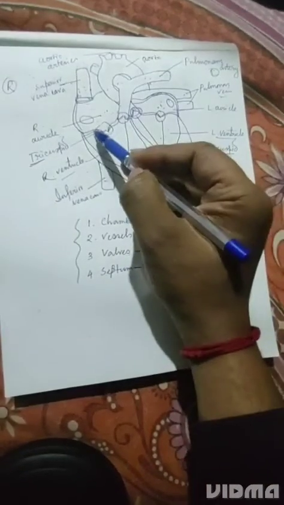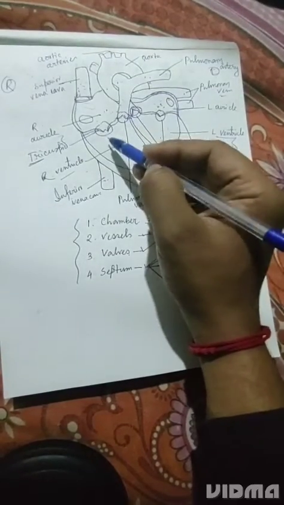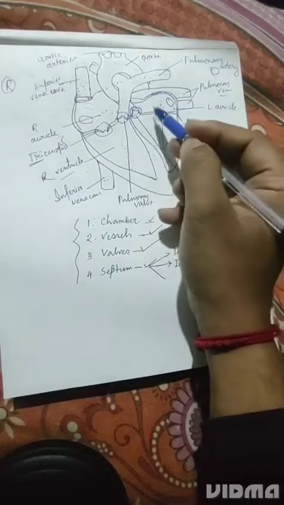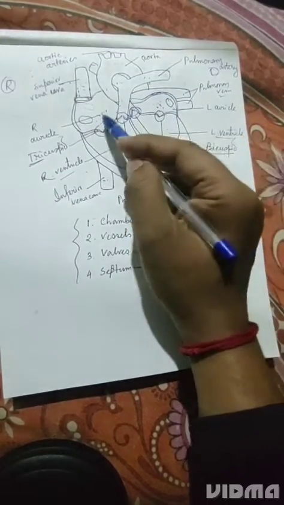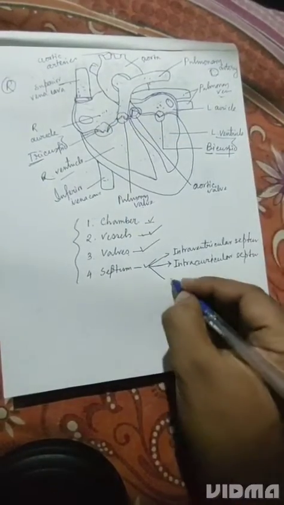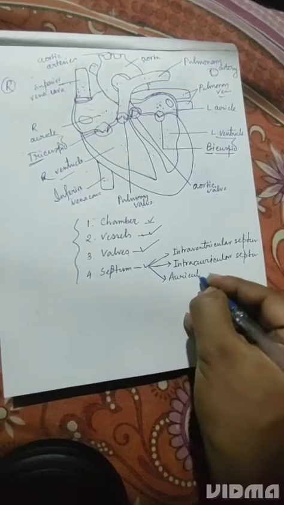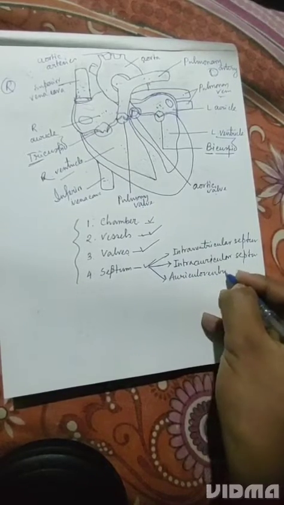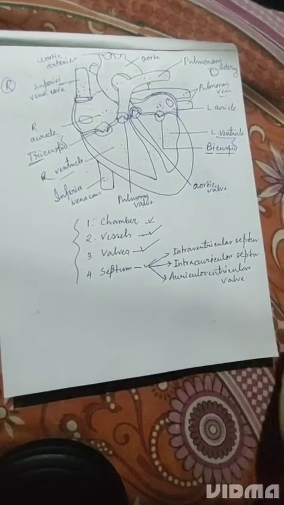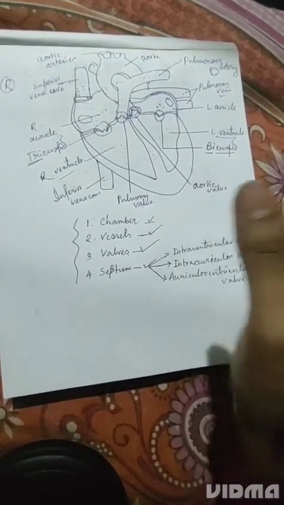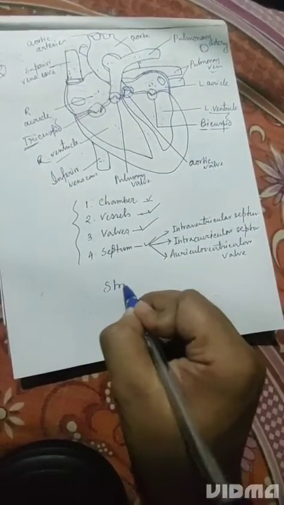And last one, the septum dividing the auricle from the ventricle, left auricle from the left ventricle, right auricle from the right ventricle. So this is called the auriculoventricular septum.